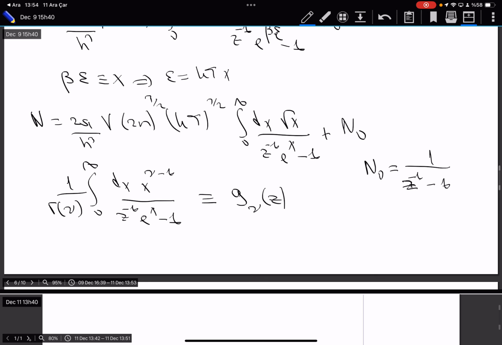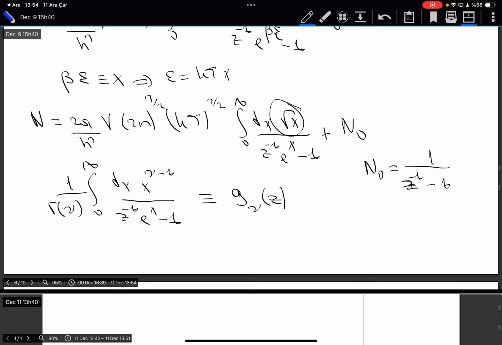And then we have the expression for the total number of particles, where N0 is the stuff that's in the ground state. Yes. So everything else is an excited state. Should the integral still run from 0 to infinity then? What is the contribution of x equal to 0 to that integral? Well, you see there's a square root of x.